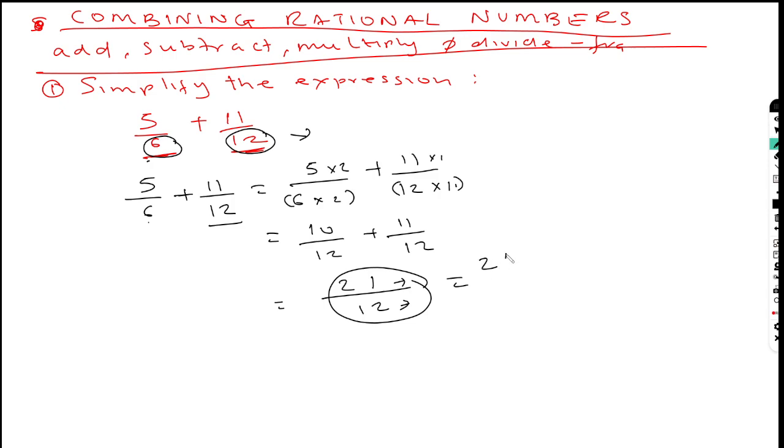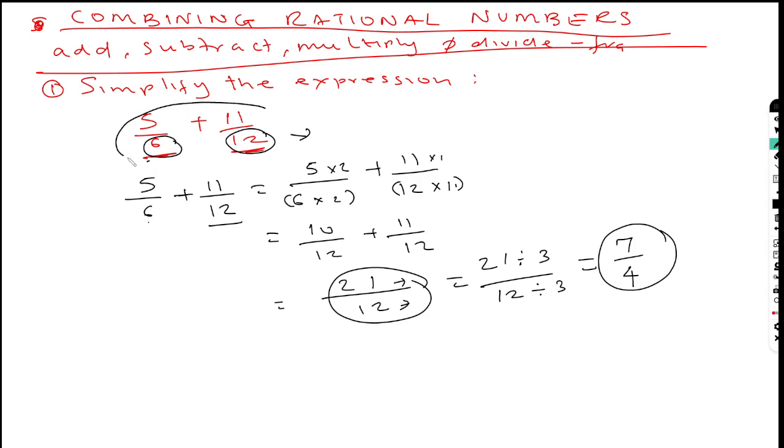That means it is 21 divided by 3 over 12 divided by 3, which is 7 over 4. Okay, so this is the answer of combining these guys. Get it?